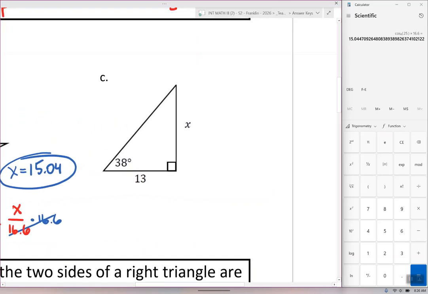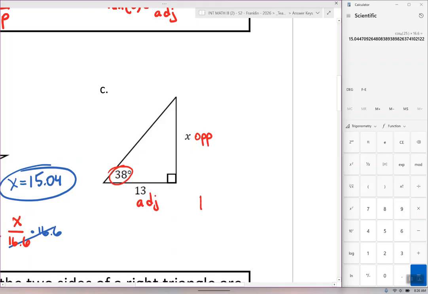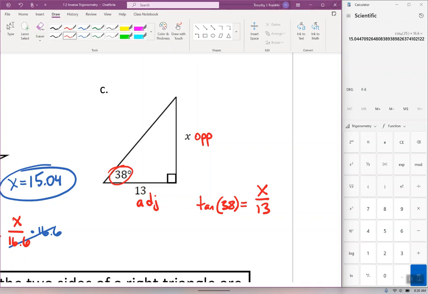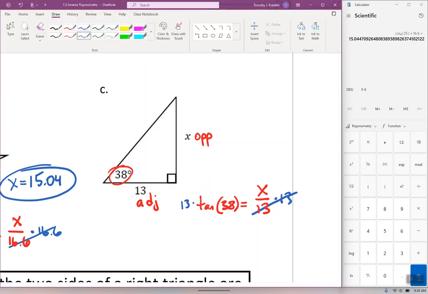Last example, here's my reference angle, 38 degrees. I have the opposite leg and the adjacent leg. So I'm going to use my tangent function, which doesn't use the hypotenuse. So the tangent of 38 equals x over 13, opposite over adjacent. And again, all I have to do is multiply both sides by 13, and then I will get my answer.